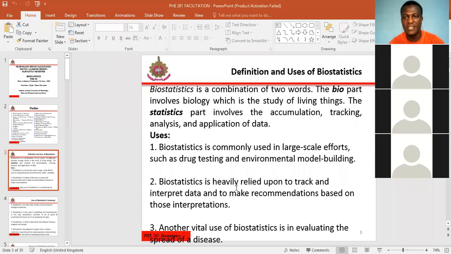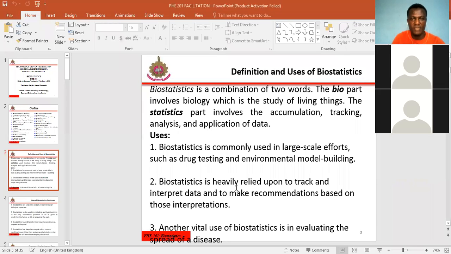So it's just the word bio that may give you a kind of panic, but I want to implore you to take it calm. The word bio is just a regular word that is derived from the word biology.